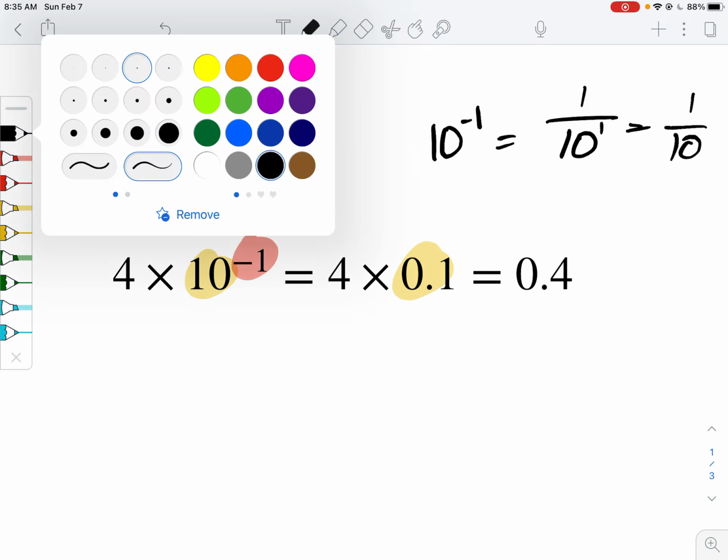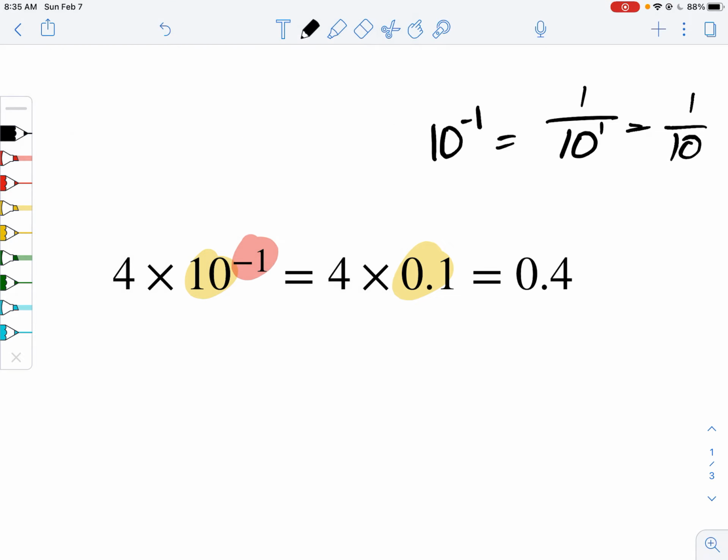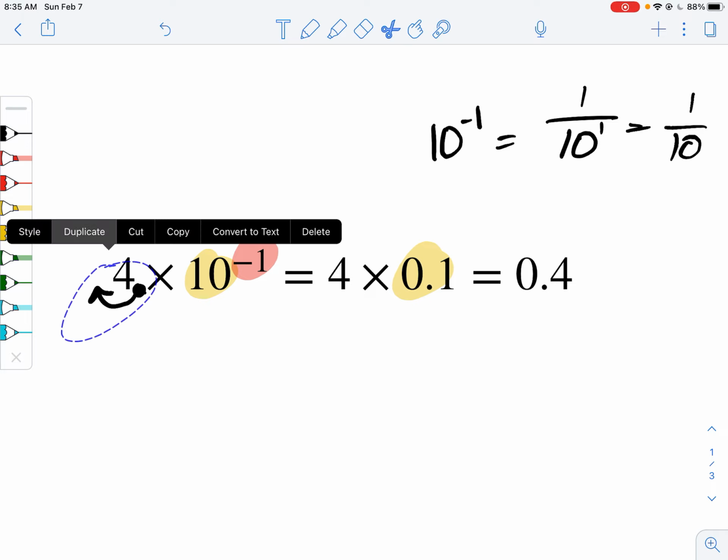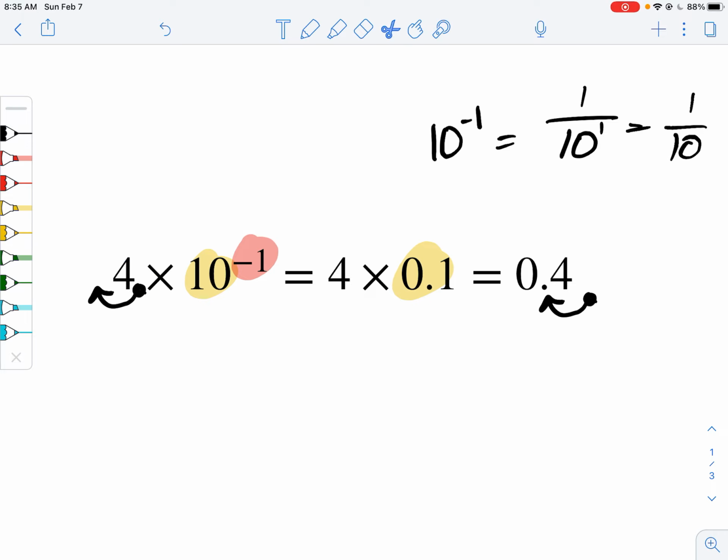Now, where does our decimal point go? Well, it used to be right here, but we move our decimal point 1 to the left. It used to be over here, and it moved 1 to the left.